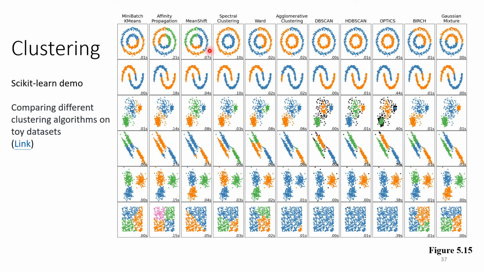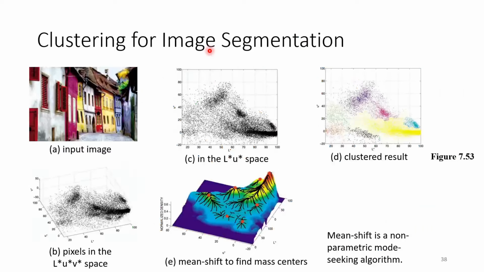So let's show an example. What is the relationship between those clustering methods and computer vision problems? Given an input image like this, you can see there are many vivid colors. If you want to do segmentation, how do you do it? Here is an example. First, we convert this image from its RGB space to the L*u*v* space.